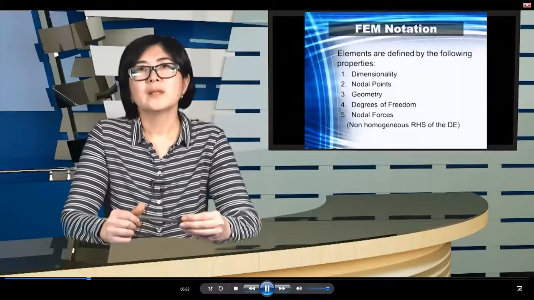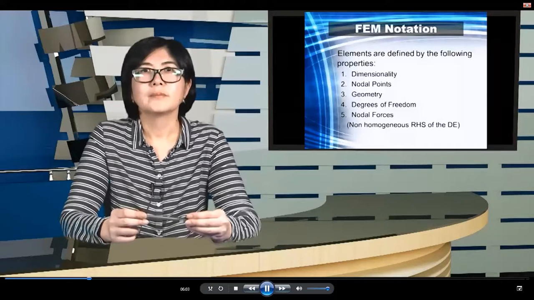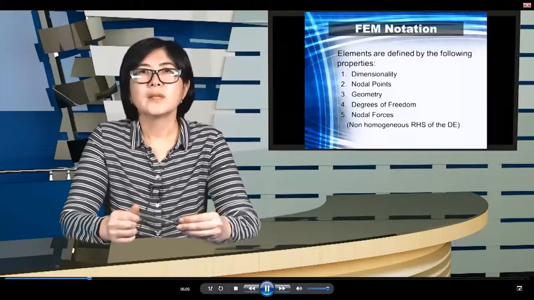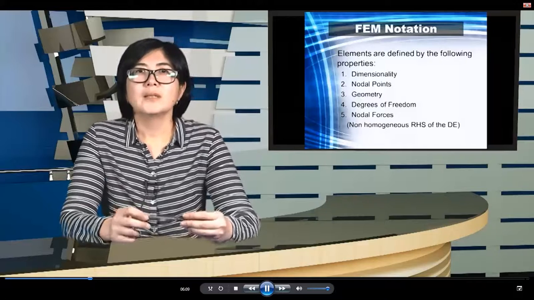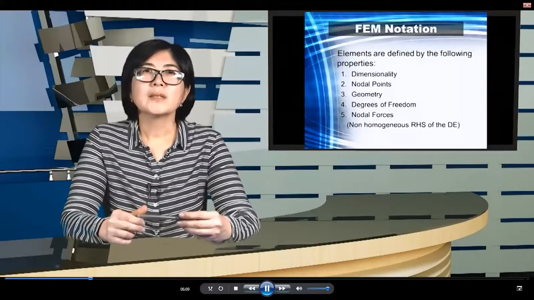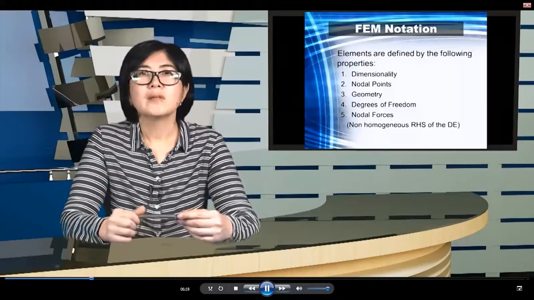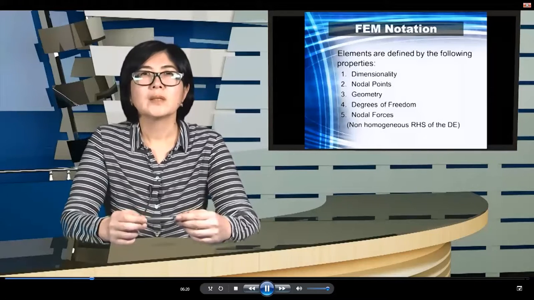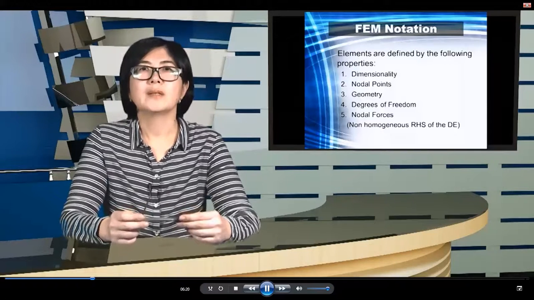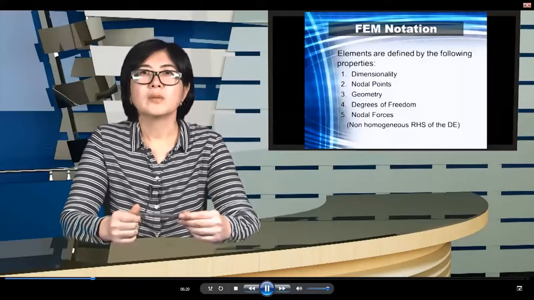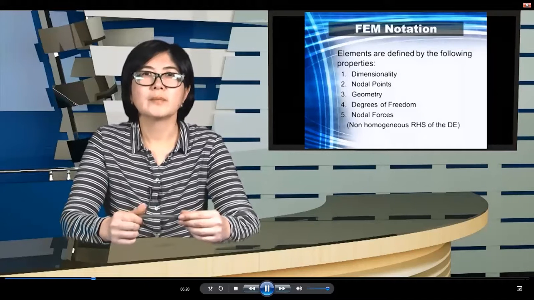Finite element notation. As the name suggests, the finite element method treats the continuous problem domain as a collection of individual finite elements. The problem parameters are defined on each of the nodes of a typical element.